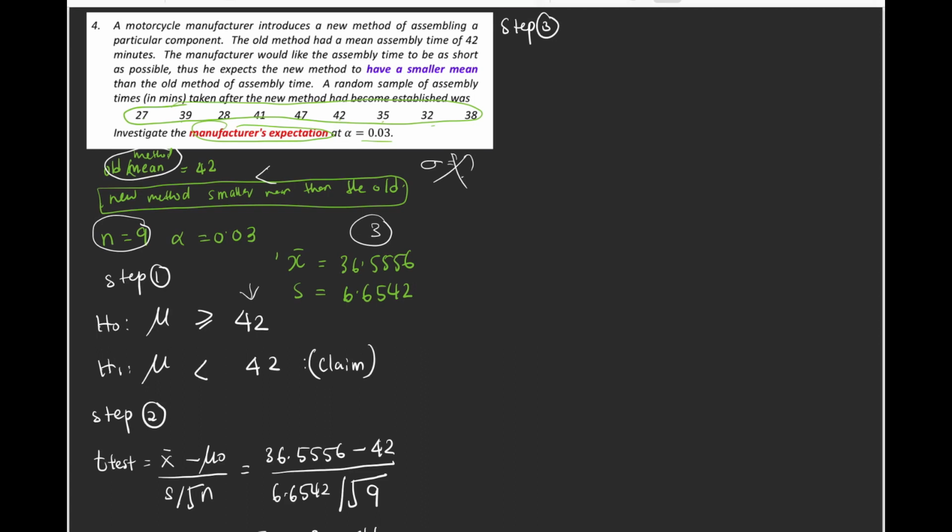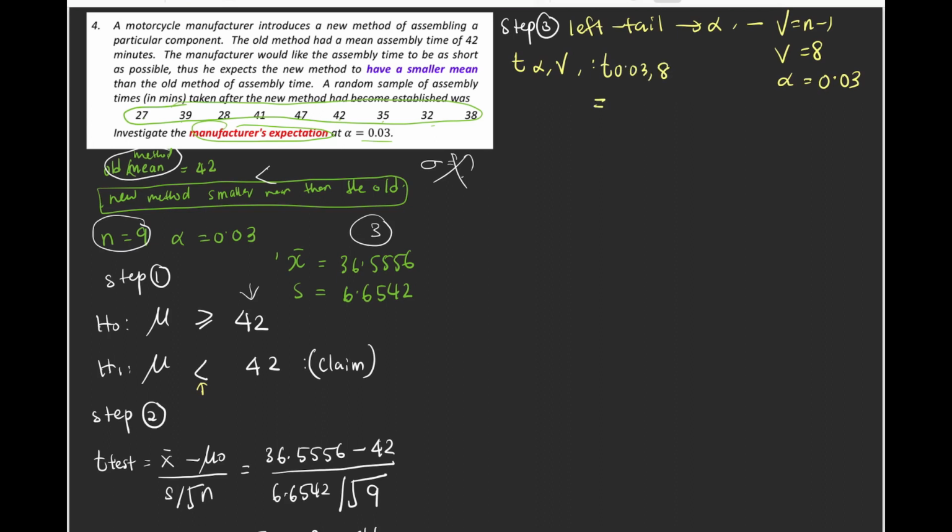Okay, one tail or two tail? Look at the H1. H1 is less than, so it is a left tail. So for the left tail, we use a negative sign. So T alpha, nu. Our nu is n minus 1, so it equals 8. Alpha is 0.03. So T 0.03, nu is 8.